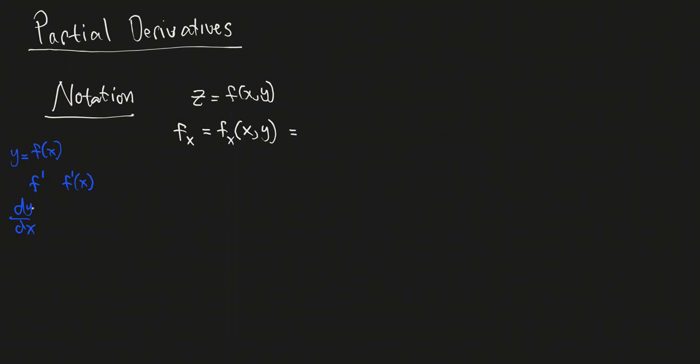But instead of using the d, we use, I believe it's actually a Hebrew symbol, we call this a partial d, so it's kind of curved over. It's not like straight up. And then you can use either f if you'd like there, and then do the same thing in the denominator, right? To indicate that you're doing a partial derivative of f with respect to x. So you could put this f, or if you wanted to, you could have your z there. That would work as well, right?